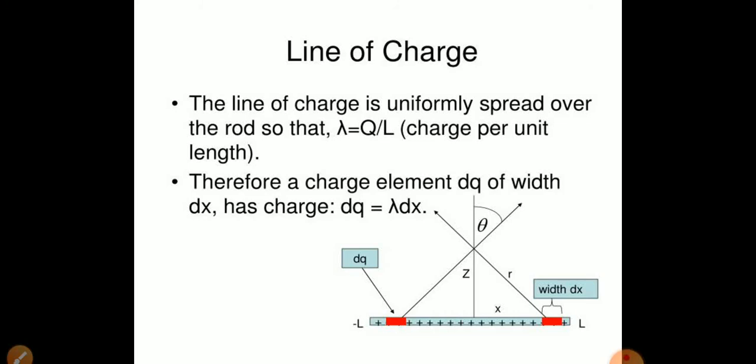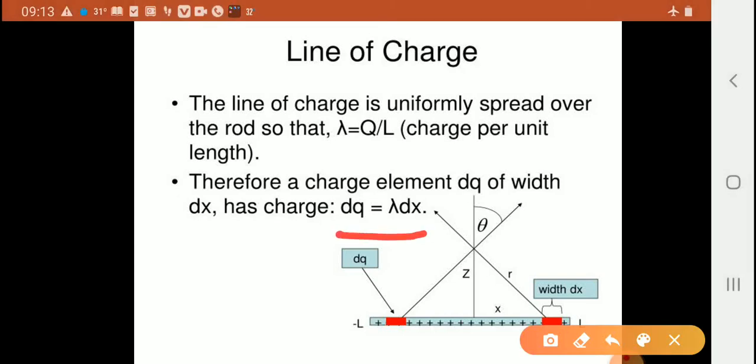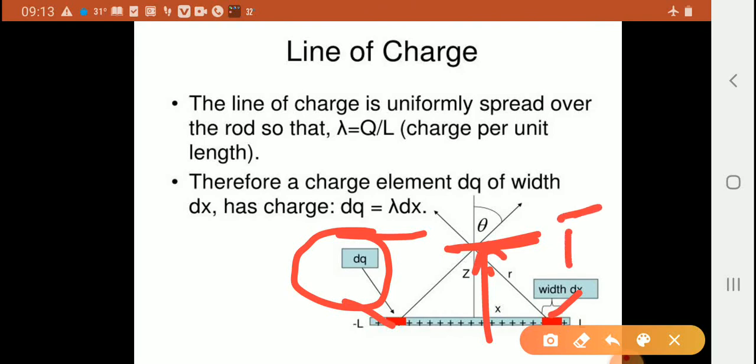Therefore, a charge element dq of width dx has charge dq equal to lambda dx. The line of charge is uniformly spread over the rod, and this dx and dq will be charges along the z axis at point P.